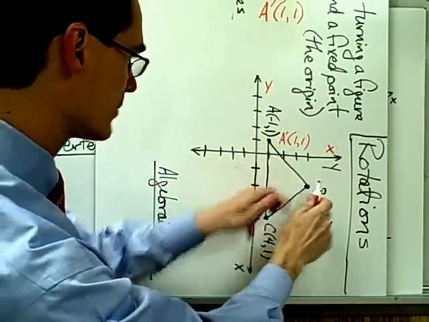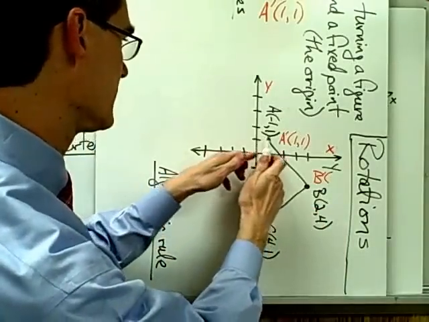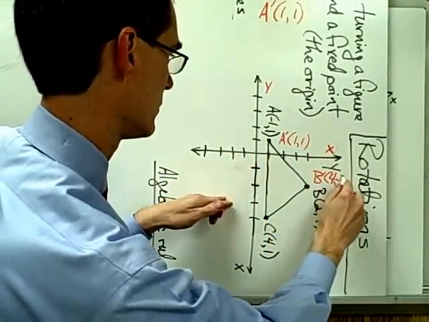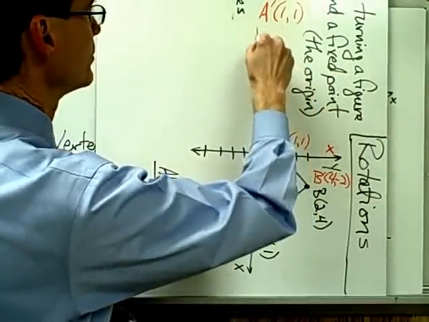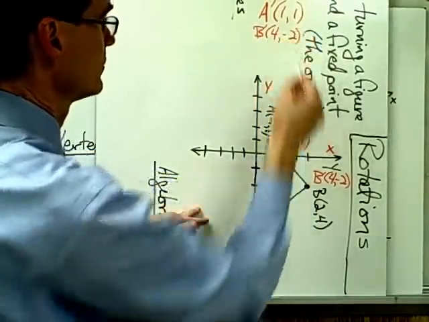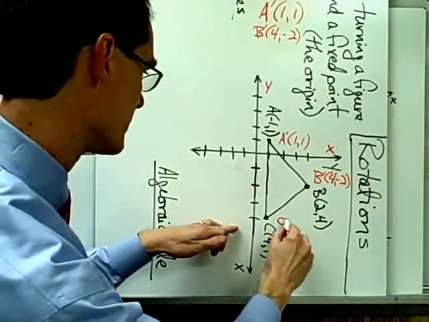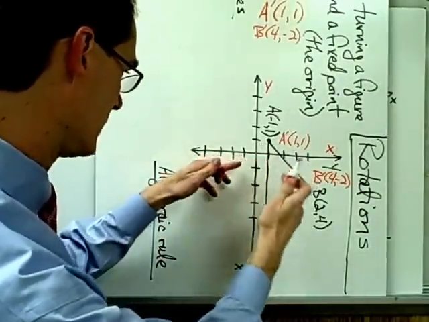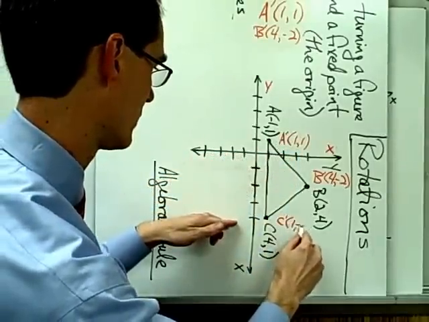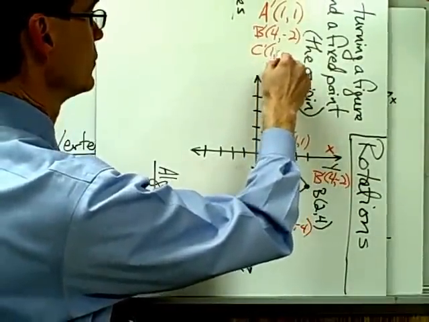B becomes B prime, which is, let's see, 1, 2, 3, 4, negative 2. So B prime is 4, negative 2. And C becomes C prime, which is 1, 2, 3, negative 4. So C prime is 1, negative 4.